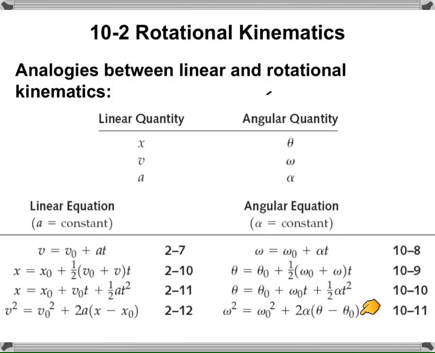So if you remember the linear kinematics equations, everything can be replaced by the angular quantities. These equations are valid as long as we have a constant angular acceleration. So in the case of constant angular acceleration, these equations describe the kinematics of any point in the angular motion.